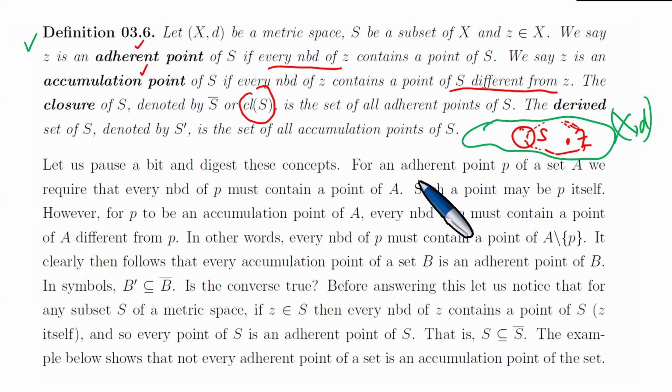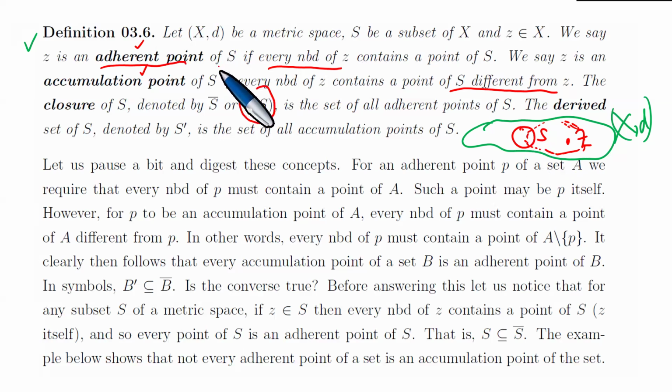Now, what actually is happening here? There are points that are very close. The accumulation points can be a little bit further away, but the adherent points are, as the word says, to adhere, to be sort of in contact with the boundary.